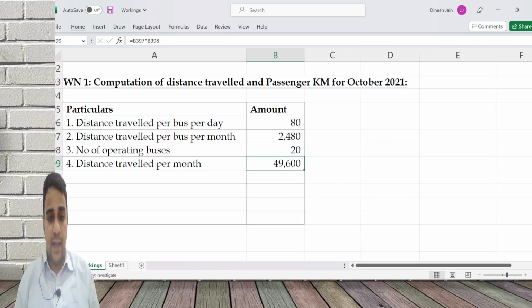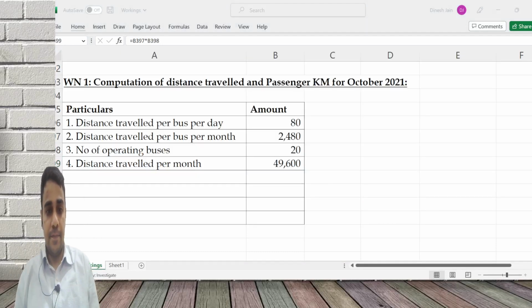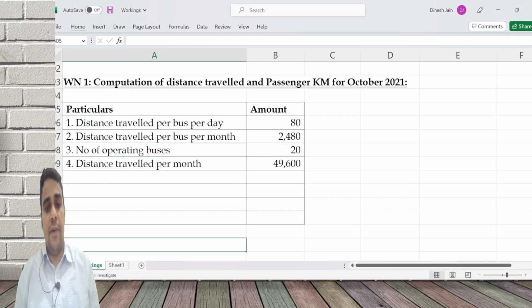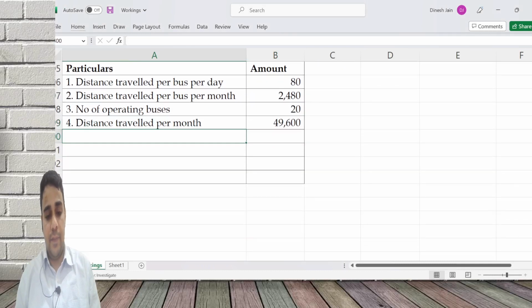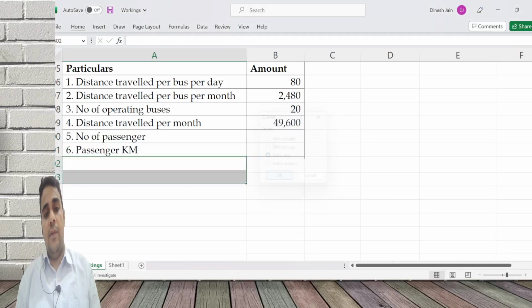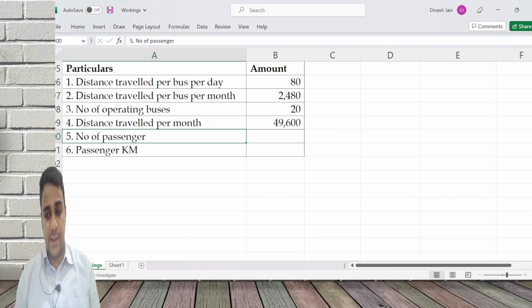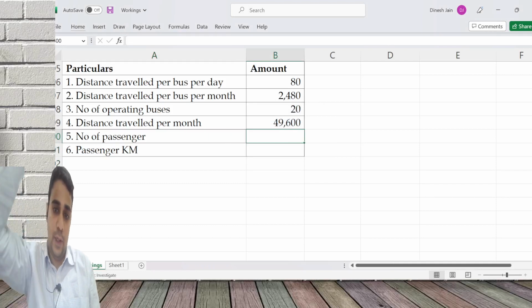Distance traveled per month is 49,600. Once you multiply with the number of passengers, we get passenger kilometer.